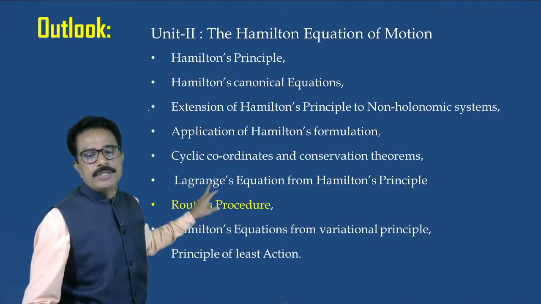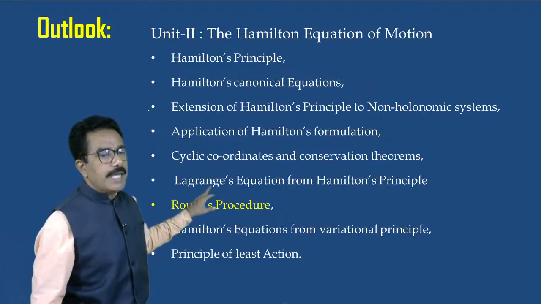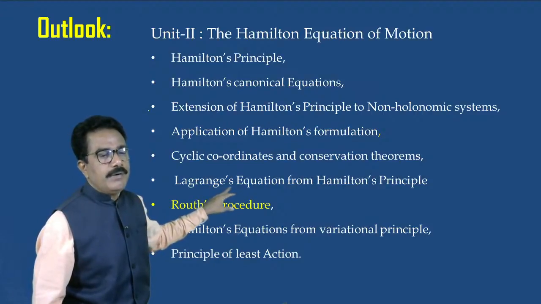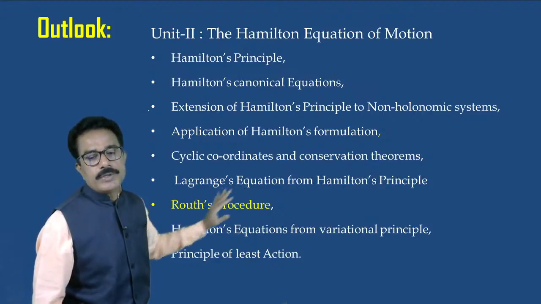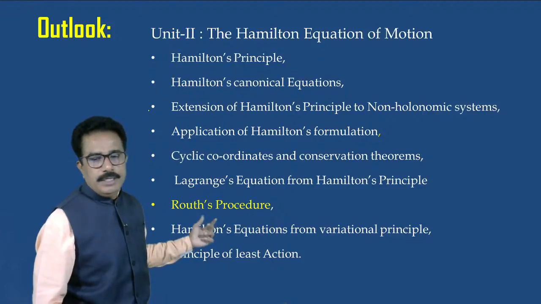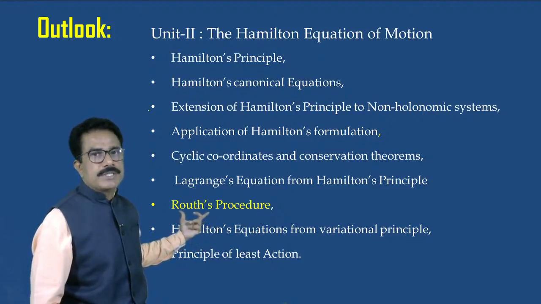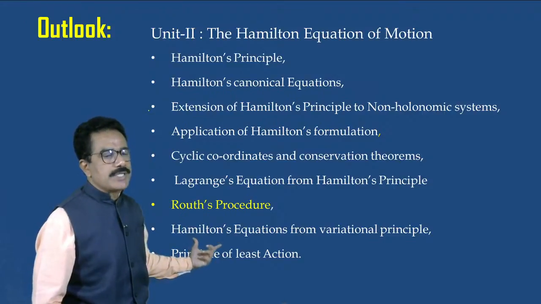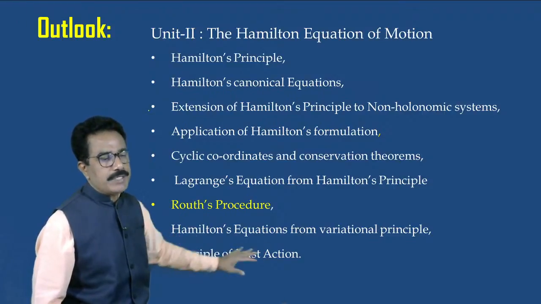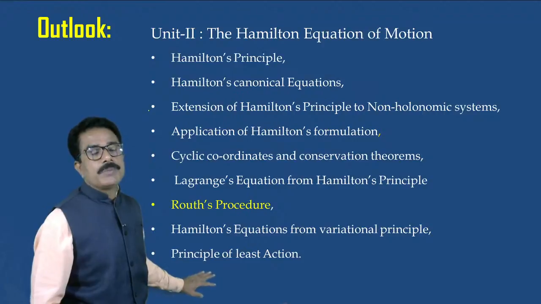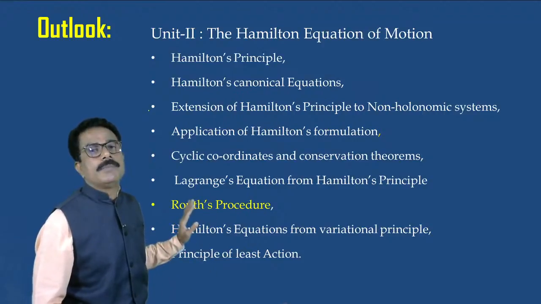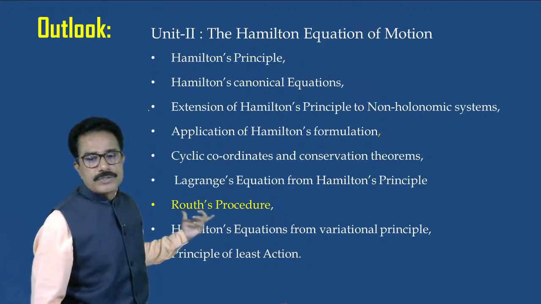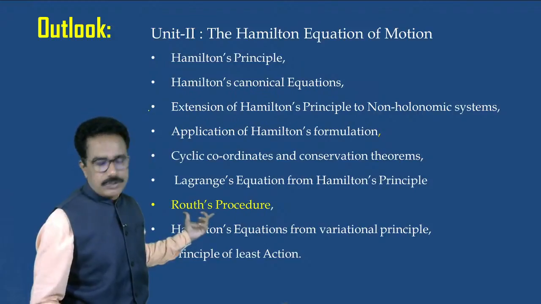In this second unit, we have completed the Lagrange's equation from Hamilton's principle. Now we have to complete these three parts: the Routh procedure, Hamilton's equation from the variational principle, and the principle of least action. That means we have to complete all these three parts. So today we shall complete the Routh's procedure.